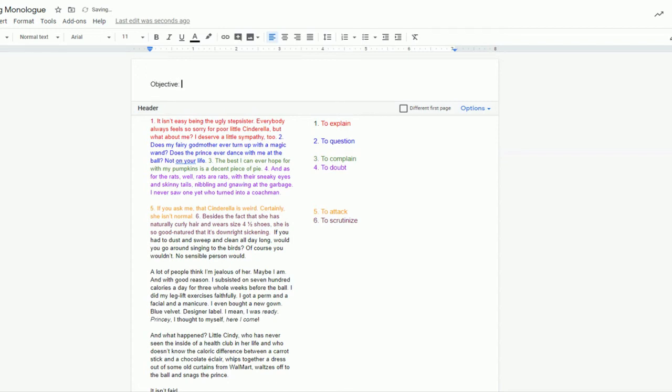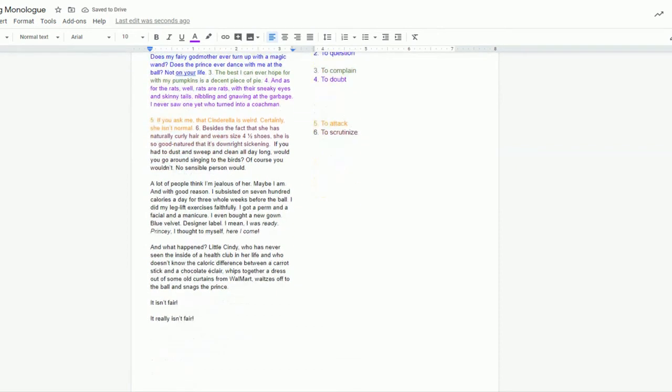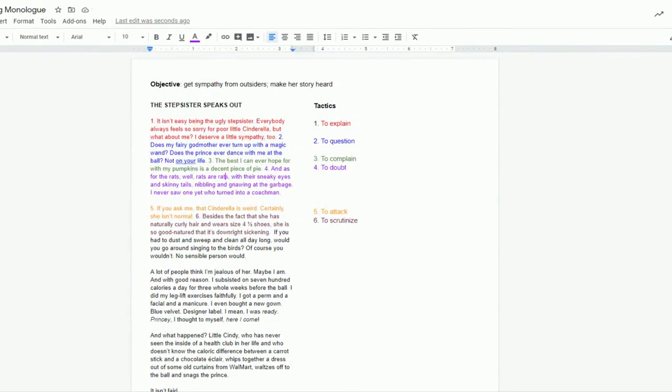If the objective of Cinderella's stepsister is to get sympathy from outsiders or make her story heard, if that's her objective, she is going to use this entire monologue to achieve that objective. If she achieved that objective after to explain and to question, like if by this point in the monologue, the audience was like, oh, yep, stepsister, I see what you're talking about.